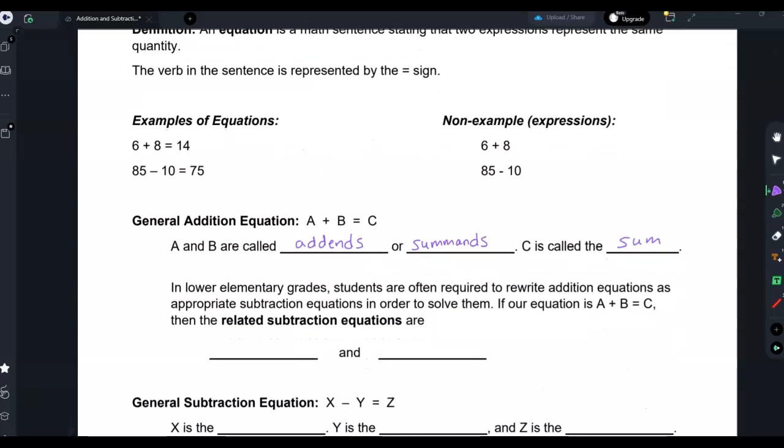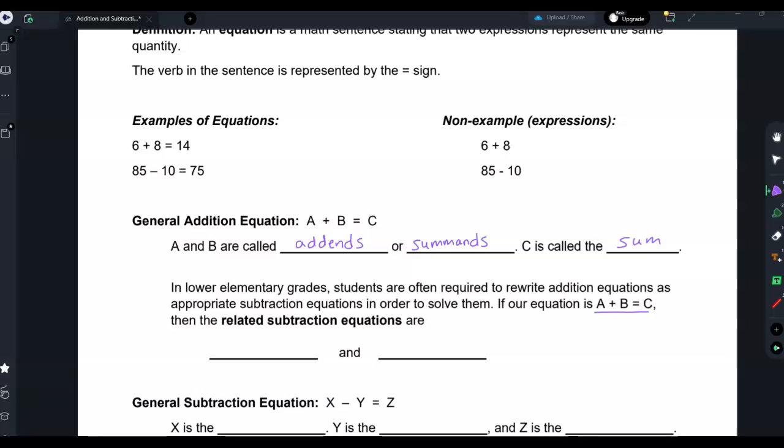So in lower elementary grades, students are often required to rewrite addition equations as subtraction equations in order to solve them. So for example, if we use this one, A plus B equals C, we could rewrite that as subtraction in a couple different ways. It depends on whether we want to write A equals or B equals.